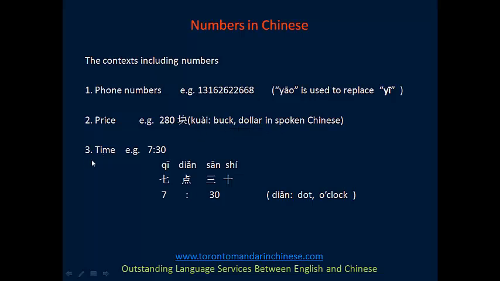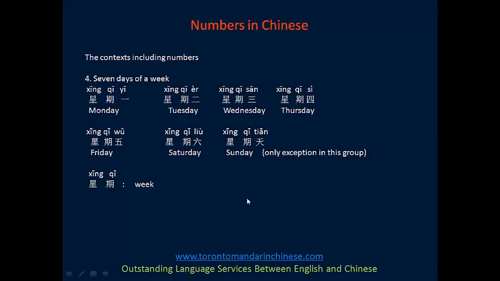Third, time. For example, 7:30. In Chinese, 7点30. 点 means dot, the clock. Number 4, 7 days of a week. 星期一 literally means week 1.